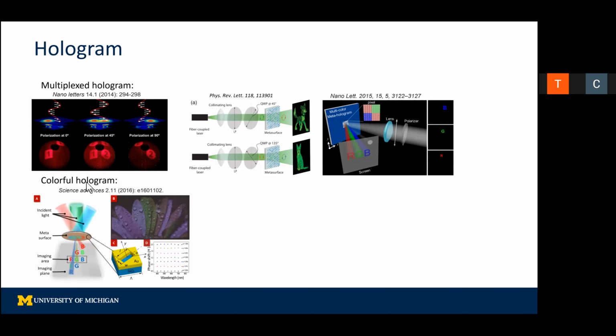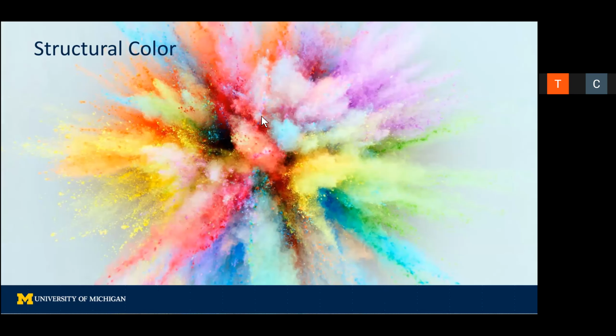Another useful hologram is a conical hologram, which means that by designing the metasurface, you can see a conical image, which is very close to our real image. And yeah, the second thing I will talk about is the structural color.